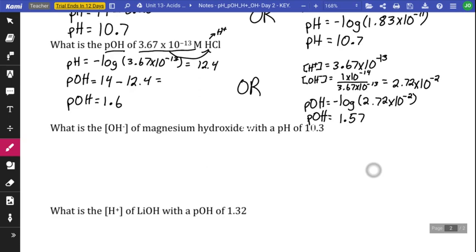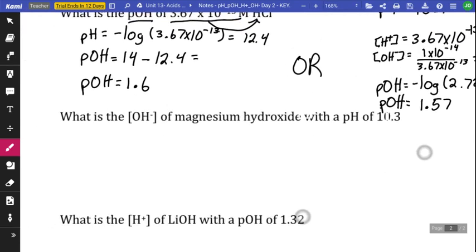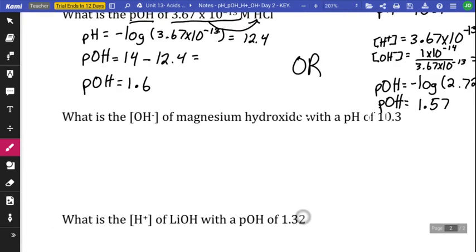So next, what is the hydroxide concentration of magnesium hydroxide with a pH of 10.3? Okay. So I've got pH and OH. Those don't match up. So again, I know that's a two-step problem.